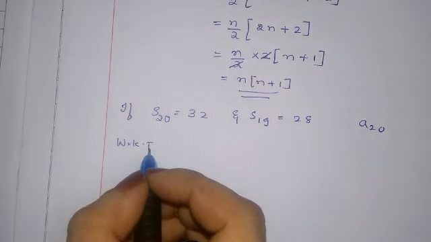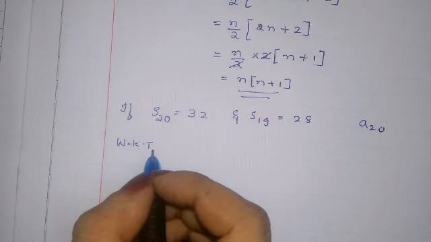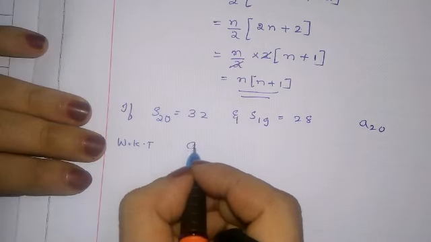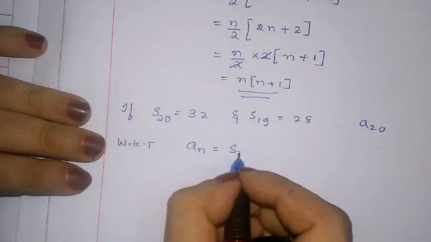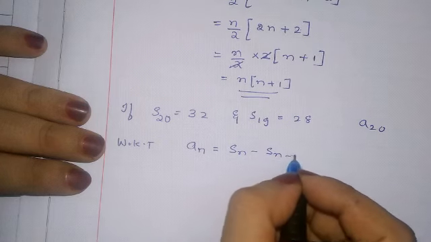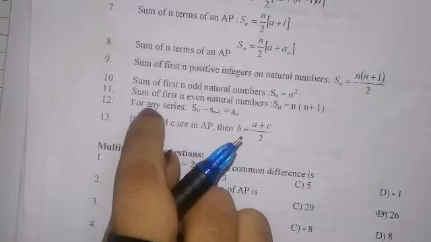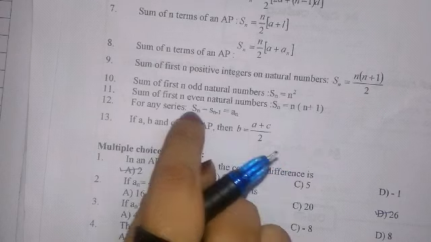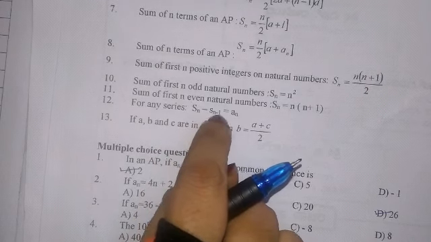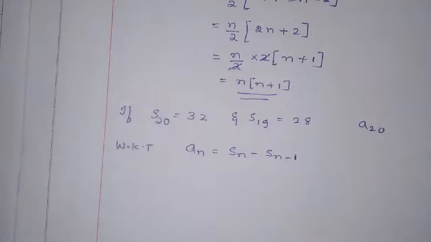But they have asked it for 1 mark as multiple choice. There is one formula. We know that An is equal to Sn minus Sn minus 1. This formula we should know.